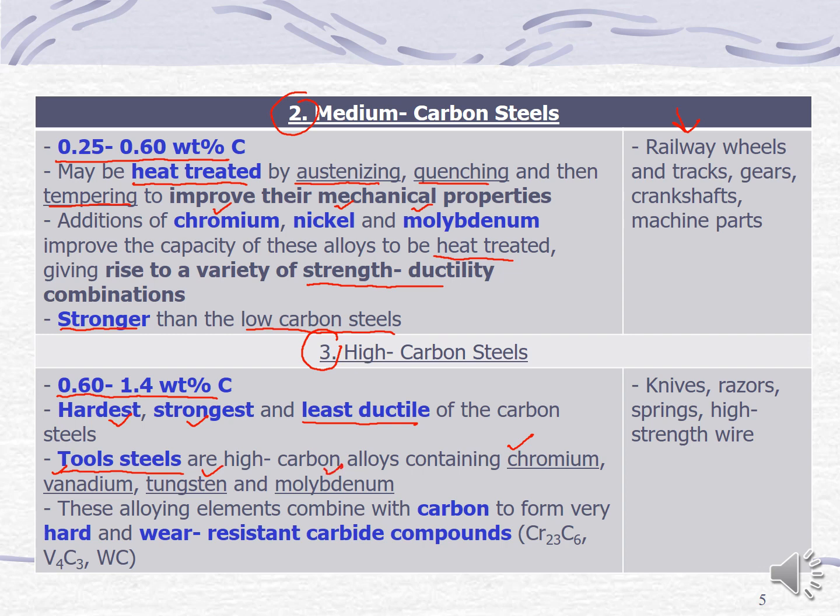These alloying elements combine with carbon to form very hard and wear-resistant carbide compounds. That's why this type of carbon steel is suitable to be used as a material for making knives, razors, springs, and high-strength wire.